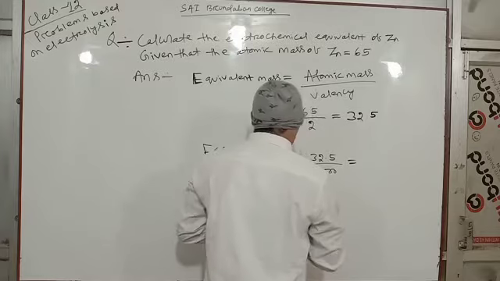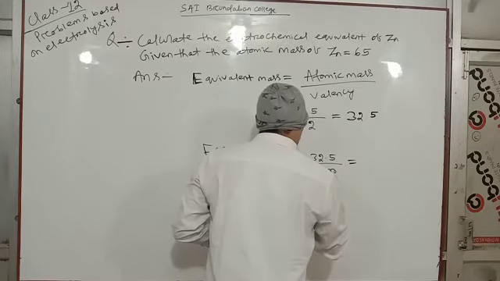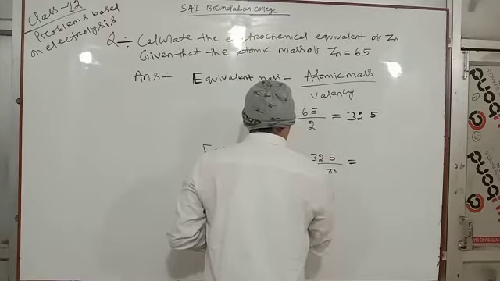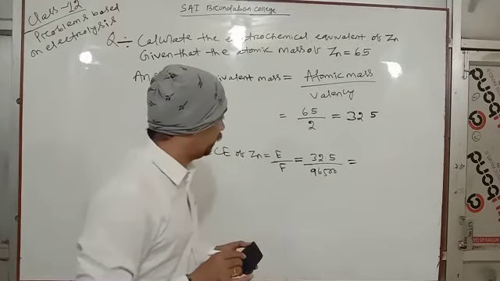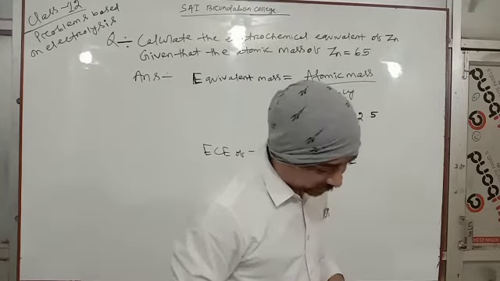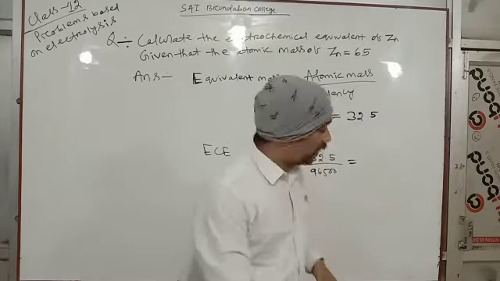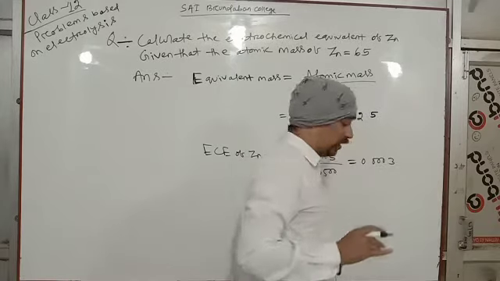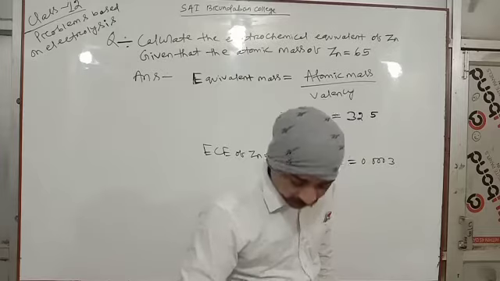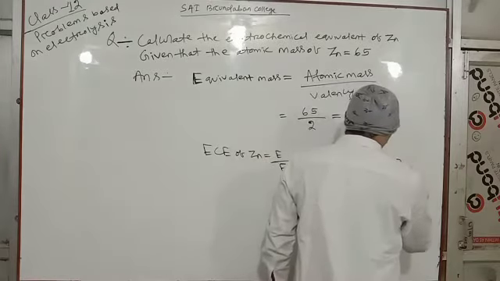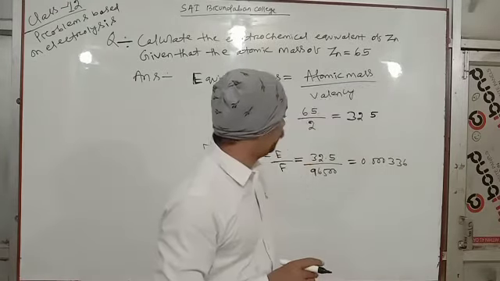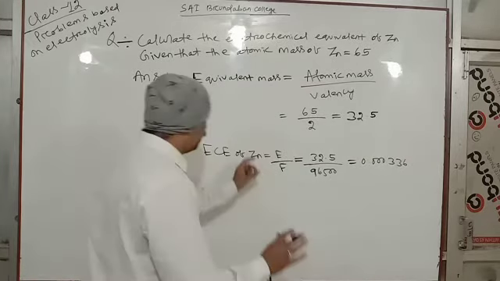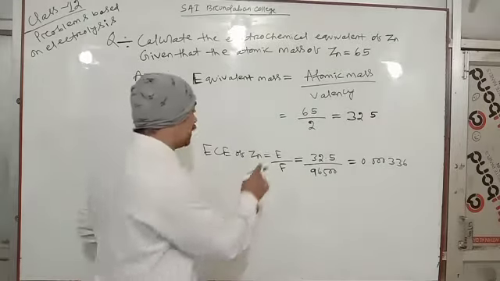So that will give 32.5 by 96500 coulomb, which is 0.000336. This is the answer. You can solve it manually up to this line.